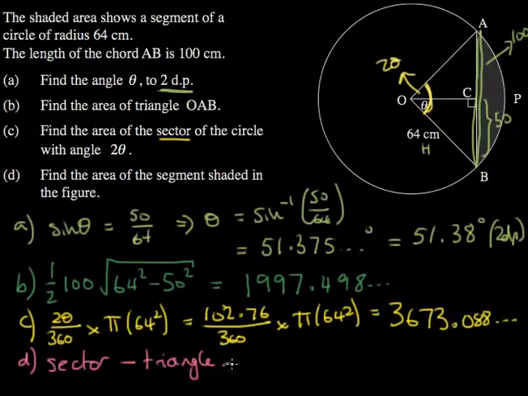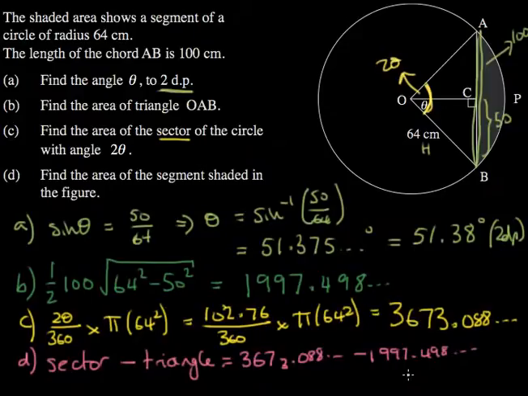And the sector I worked out in part C, which is 3673.088, and then I need to subtract the triangle, which I worked out in part B, which is 1997.498.